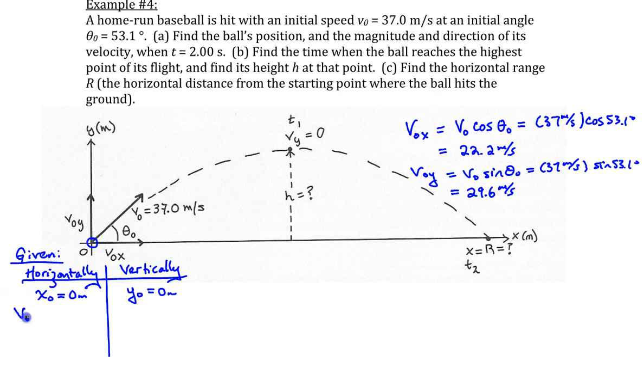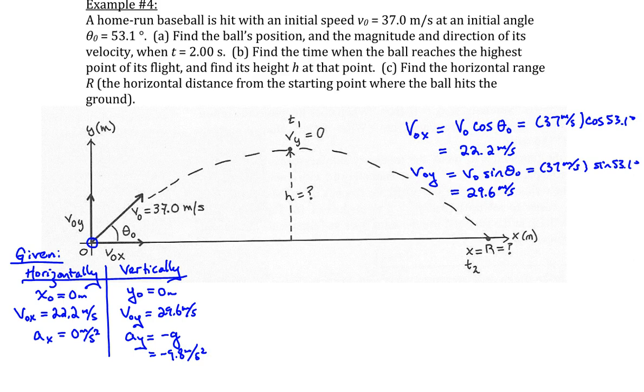We know the initial horizontal speed is, oops, I just realized it's not 37, it's actually 22.2 meters per second, and the initial vertical speed is 29.6 meters per second. And we know the horizontal acceleration is 0. It's always 0 meters per second squared in these projectile motion problems. And the vertical acceleration is negative g, or negative 9.8 meters per second squared.